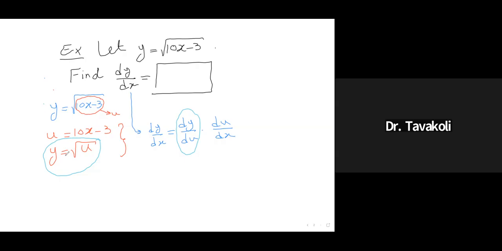And as you have seen before, using the power rule, the derivative of radical u is 1 over 2 radical u. Just as a reminder, to find the derivative of radical u, we look at radical u as u to the power of 1/2, and we use the power rule. You have seen this before when you learned about the power rule.